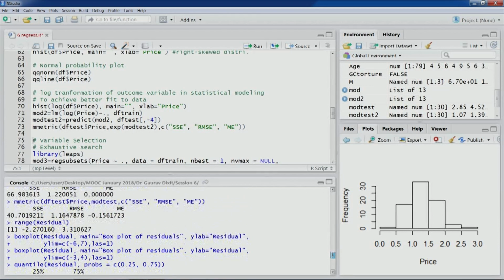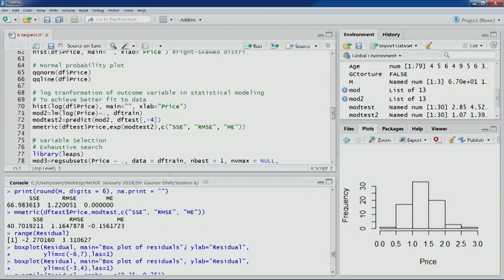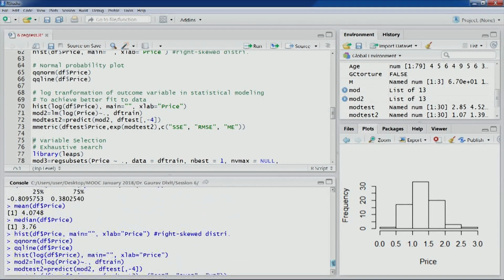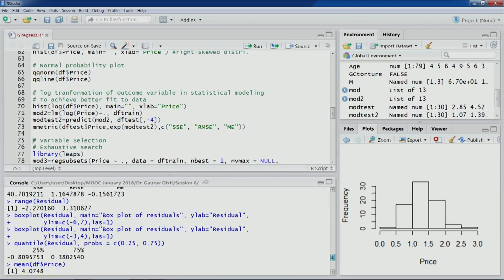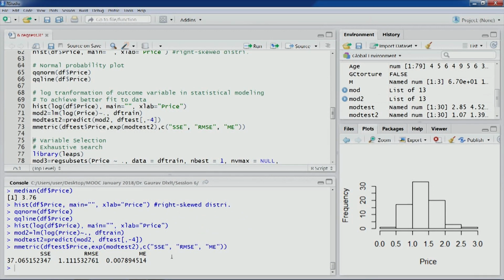Now if we look at the values, you can see that earlier the RMSE value was 1.16 for the earlier model, and now it is 1.11. So even in this case the error is further reducing. This might not always be the case, because once you transform, the typical scenario could be that this RMSE error might slightly increase.